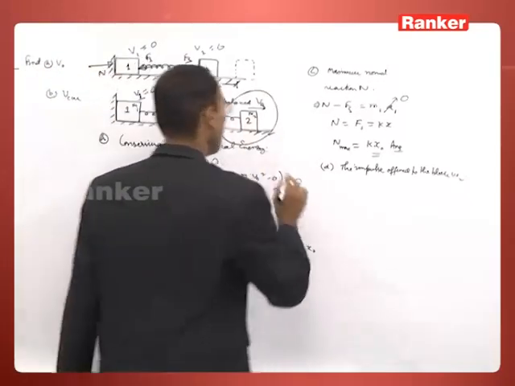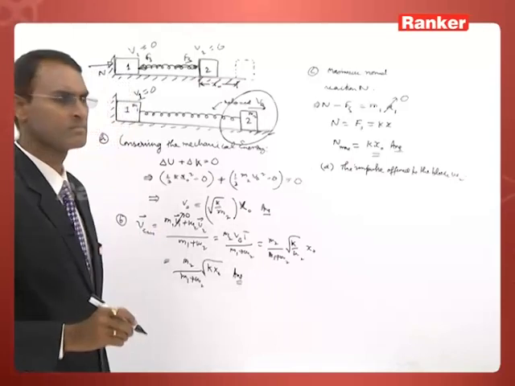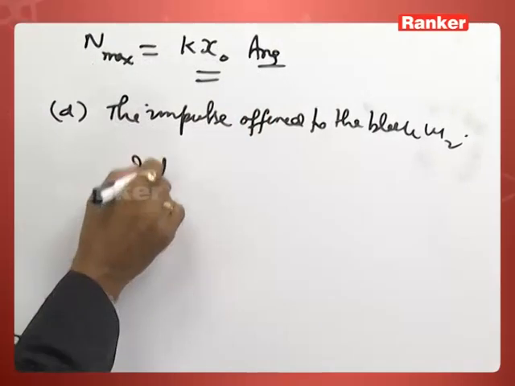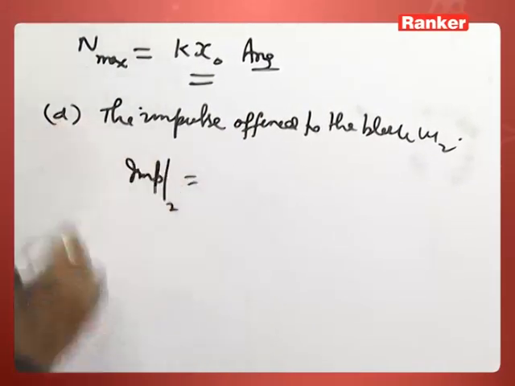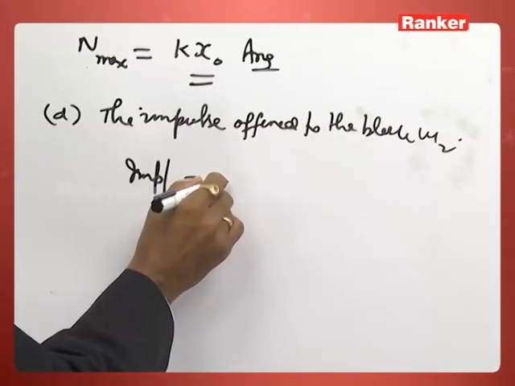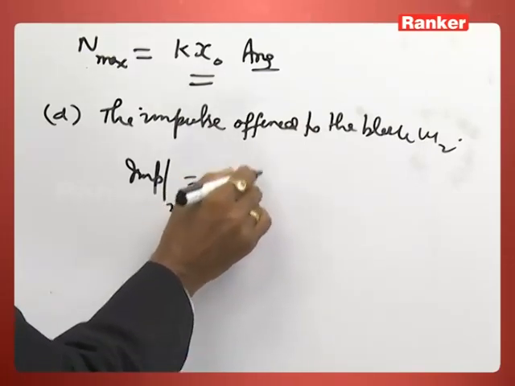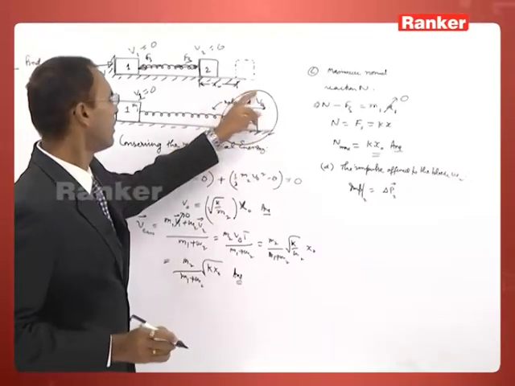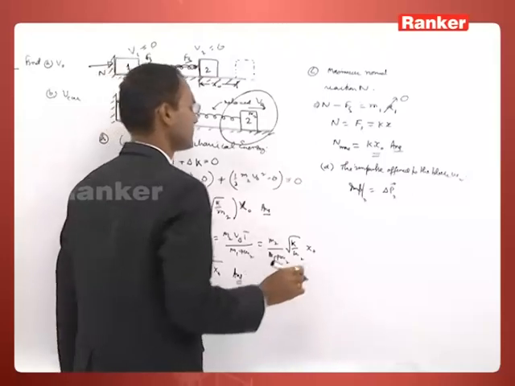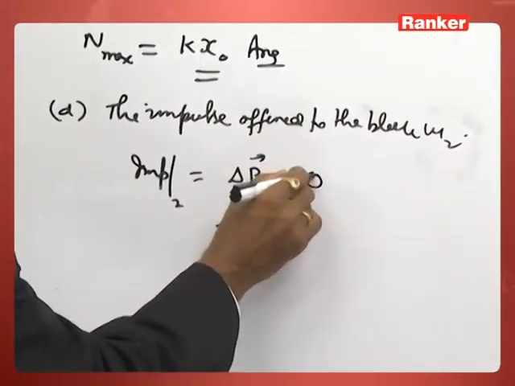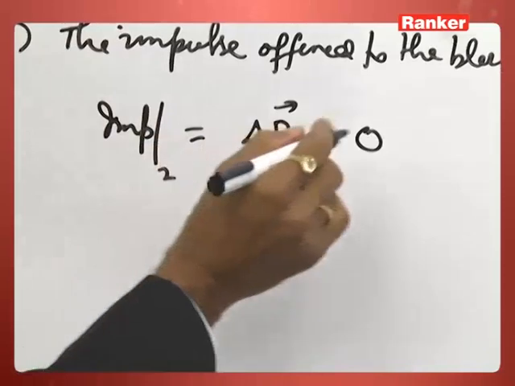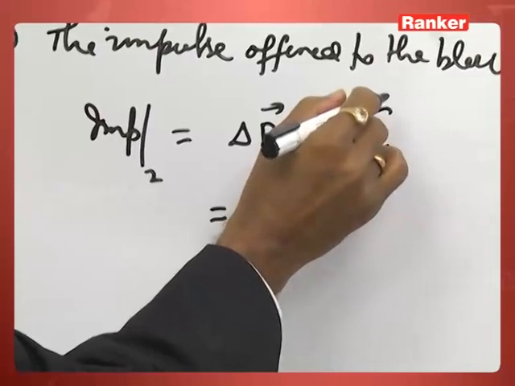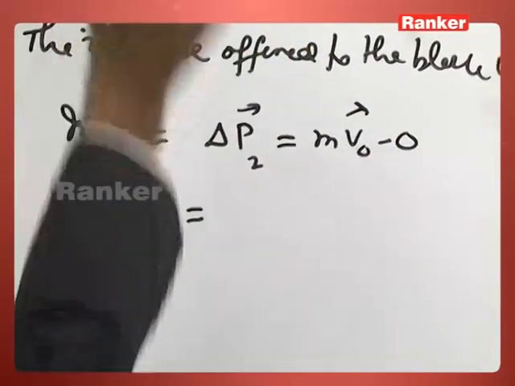If you take m2 as a system, the impulse on block 2 is equal to the change in momentum of block 2. Impulse momentum equation applied on block 2 only. Block 2 changes its momentum from 0 to m into v naught. Final momentum minus initial momentum is the change in momentum.